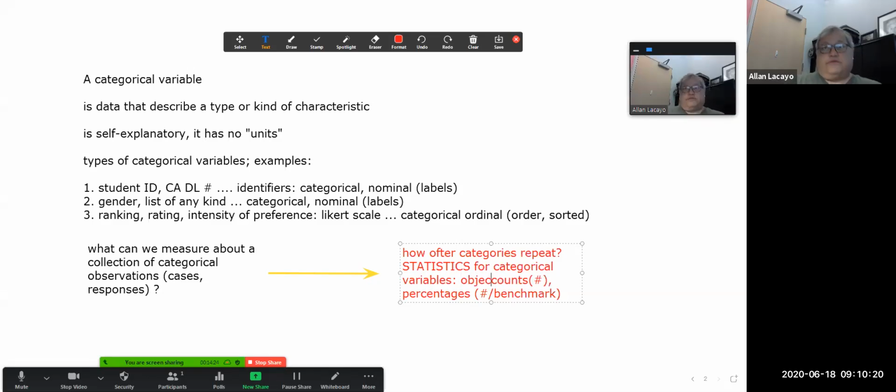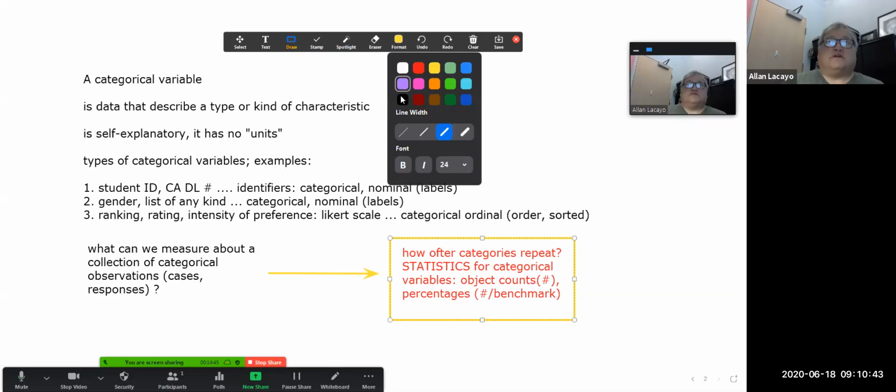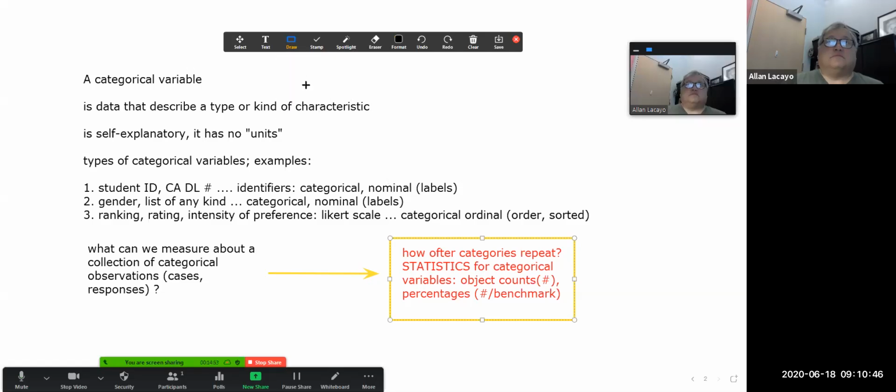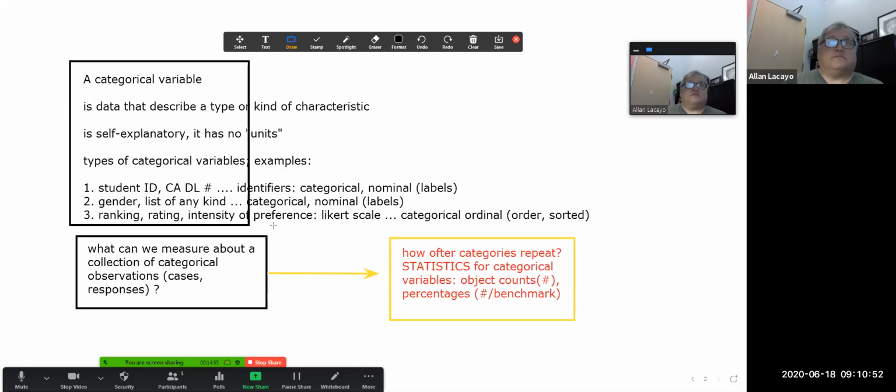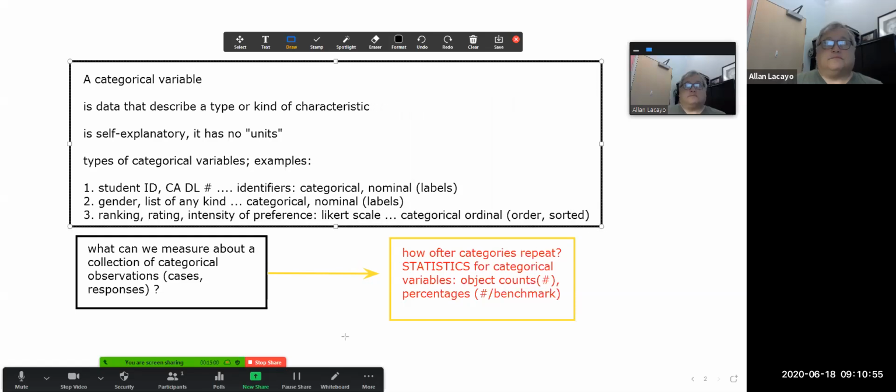So usually we refer to these counts as object counts, and we usually refer to the percentages as object counts divided by benchmark counts. So that'll be the nature of our statistics that arise from these kinds of categorical variables. They will be counts and they will be percentages.